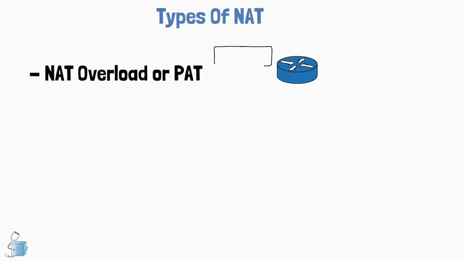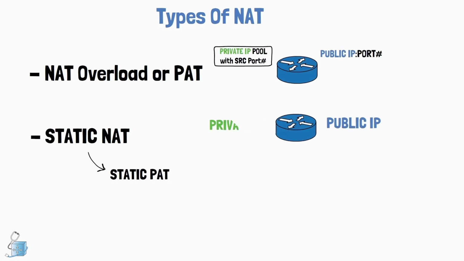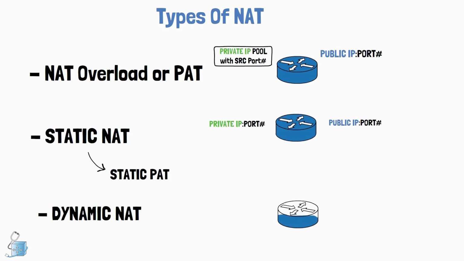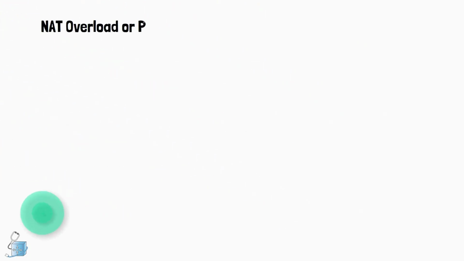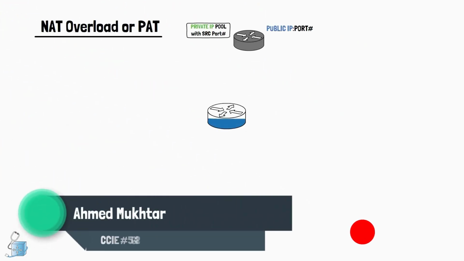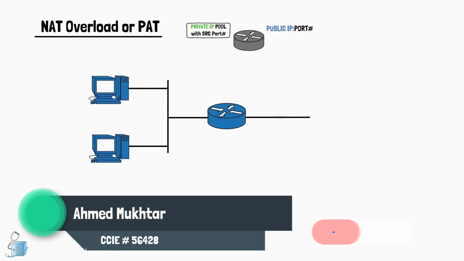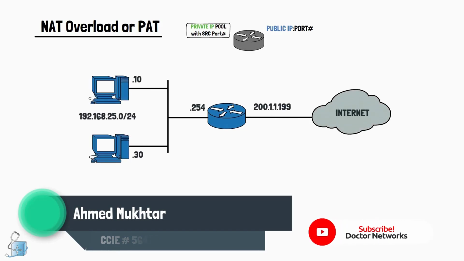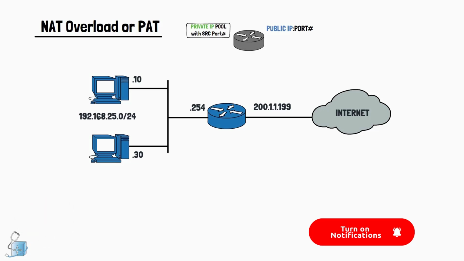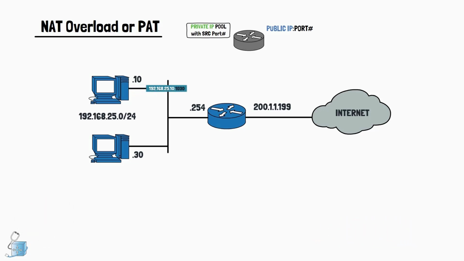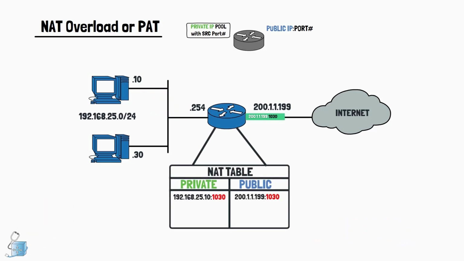Now there are three basic types of NAT that you will mostly encounter in the real world. We will cover these NAT types in a familiarization order, meaning the NAT you see almost daily to the NAT you don't see as often. The type of translation NAT became famous for is called NAT Overload or PAT, because it uses source port numbers alongside source IP addresses for mapping onto a single public IP address.